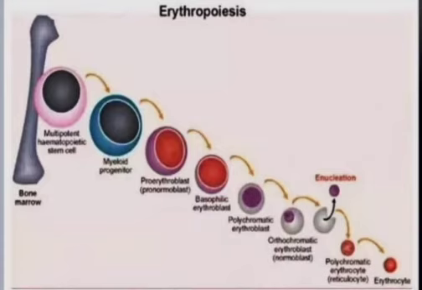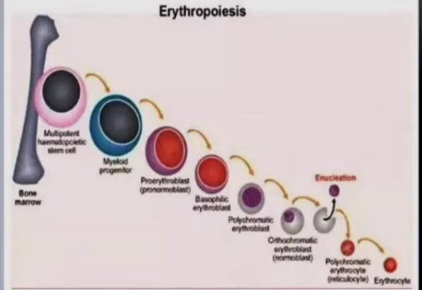These colony-forming units, erythroid, will further differentiate to pro-erythroblast. It's on the slide. The colony-forming units, erythroid, will further differentiate to pro-erythroblast.